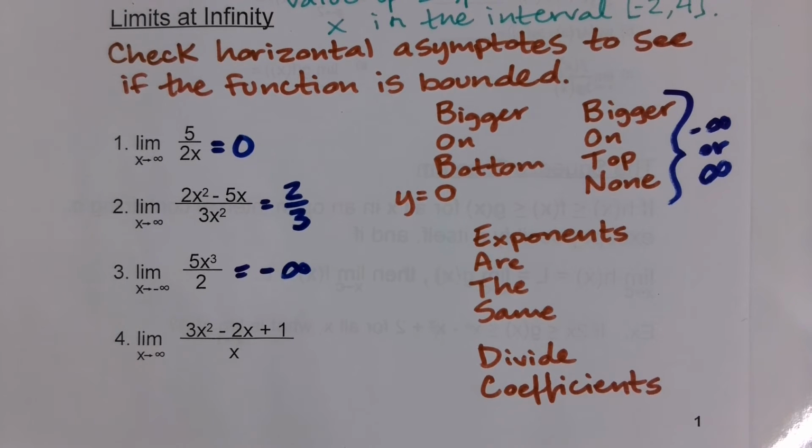Okay, so very similar in number 4. We get a BOTN again. So we're bigger on top. There's not a horizontal asymptote. See if you can decide whether it is going to a positive infinity or a negative infinity.